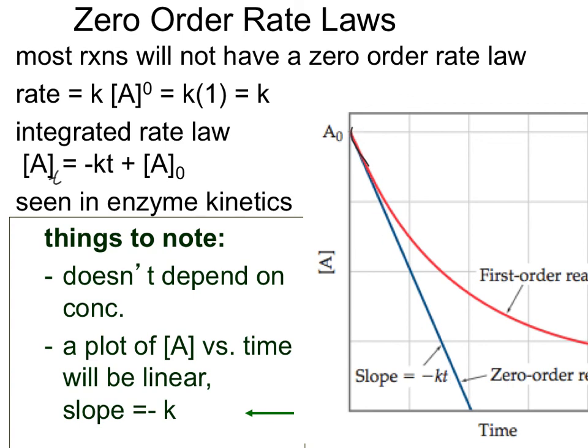For second order rate laws, when you graph 1 over your concentration versus time, you're going to expect a positive slope. And when you graph the natural log of your concentration versus time, you should get a negative sloping line for your first order reaction.